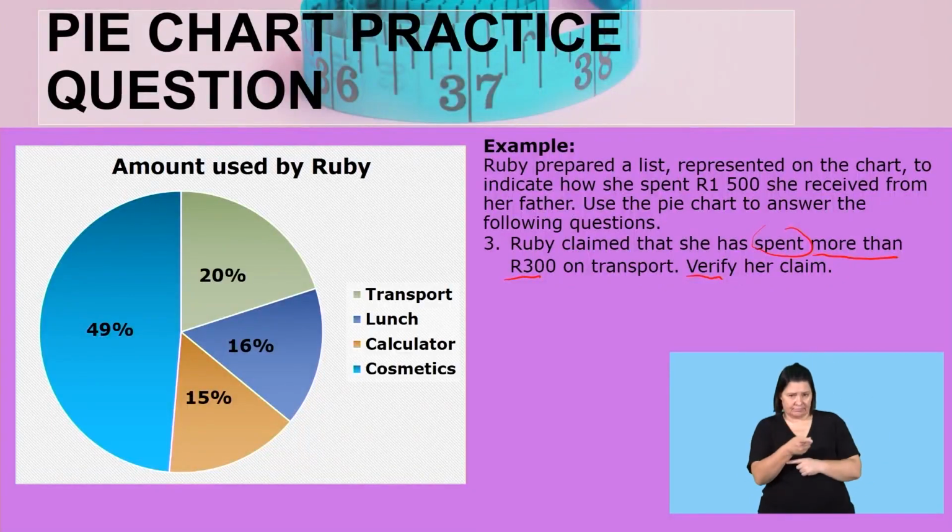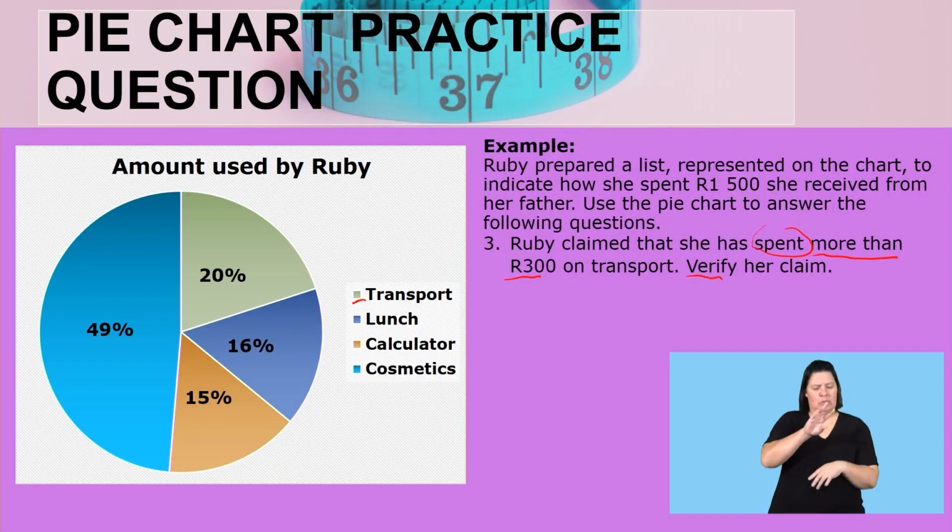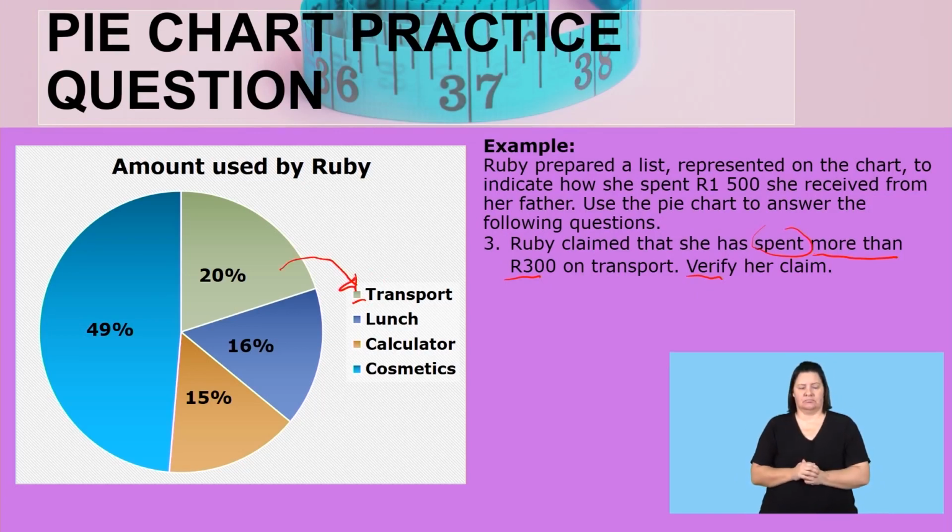So can we calculate the amount that she spent on the transport? First, you must identify the key which is leading us to the slice which represents the transport. You can see that this is the slice representing the transport. She has spent 20% on the transport.